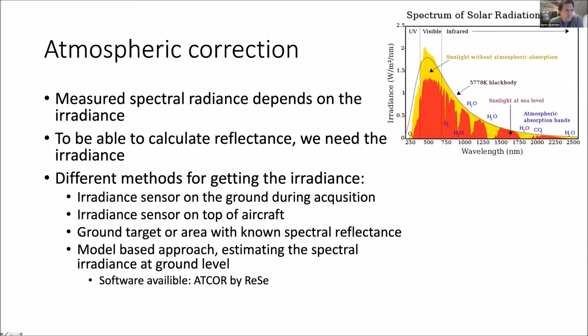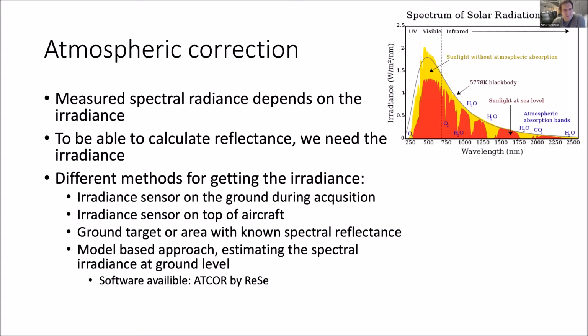A very common way of calibrating satellite data is to use ground targets or areas with known spectral reflectance. This can be a sand area or a roof or something else that we know the spectral reflectance of. And then the last part here is a model-based approach, where you try to estimate the spectral irradiance at ground level using a model of the atmosphere.